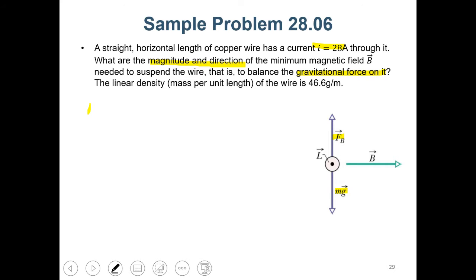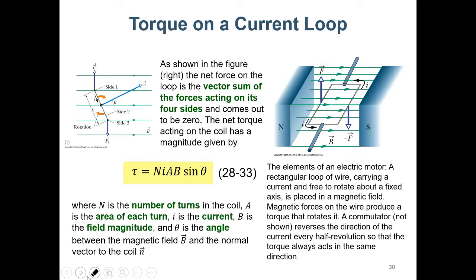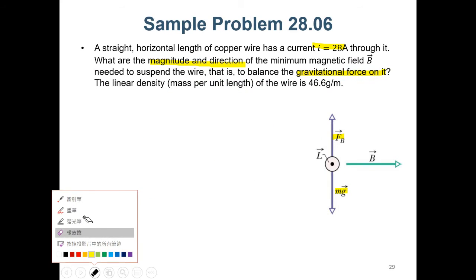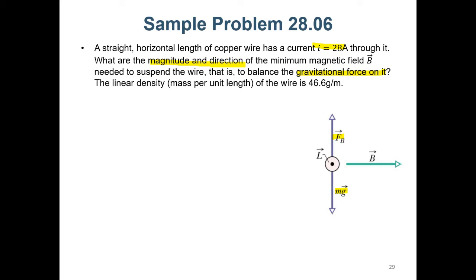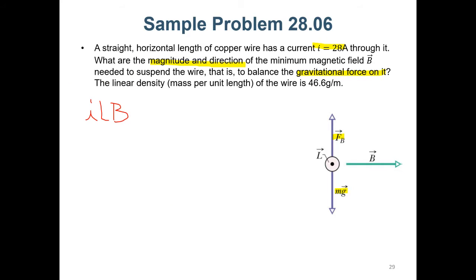So we can write ILB is the Lorentz force for a current wire, which is equal to mg.